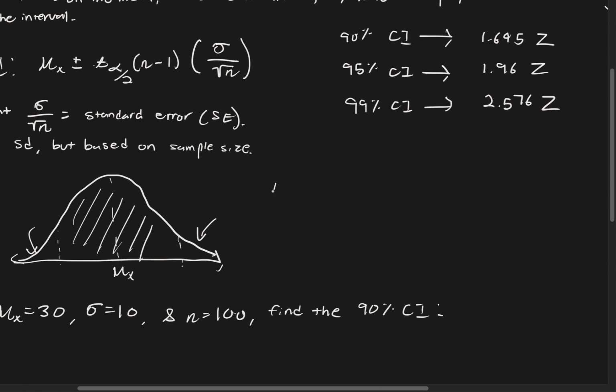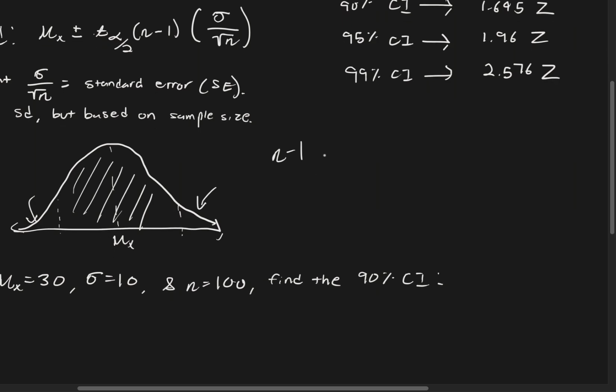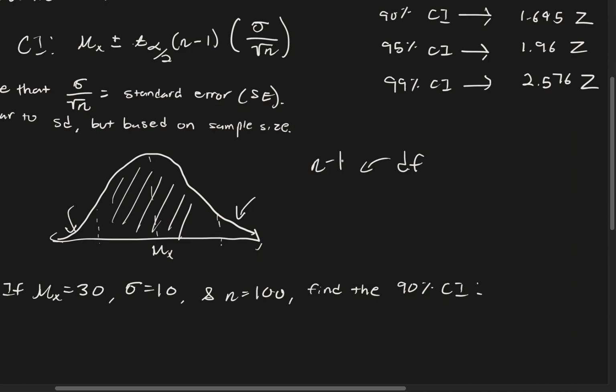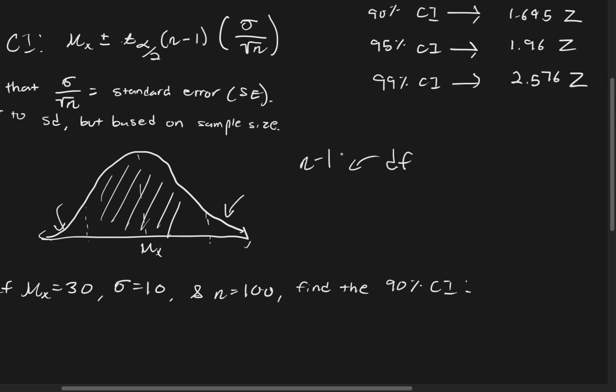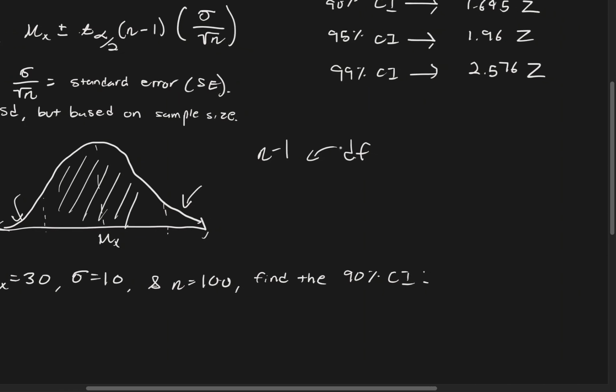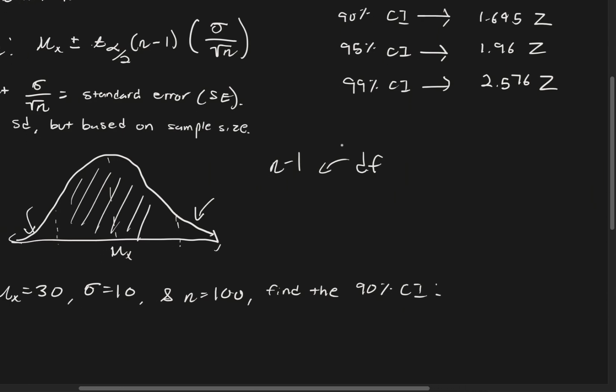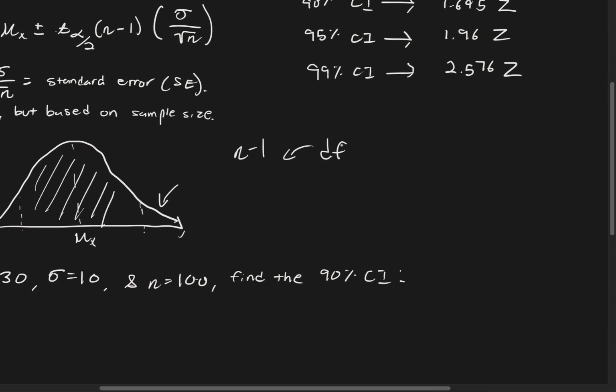N minus 1 is mostly for the degrees of freedom, but the n is important because our sample size plays a huge role in calculating not only the confidence interval but our z-score first.